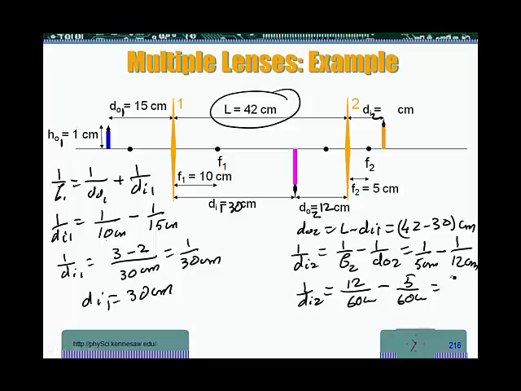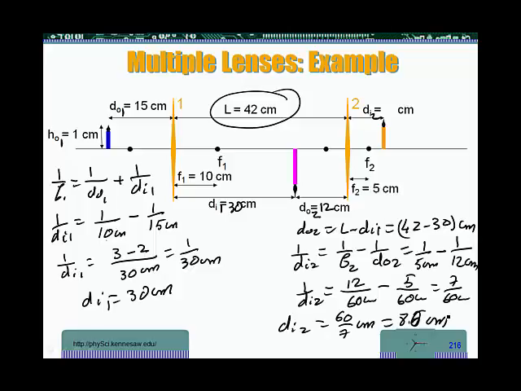So it's going to be 7 over 60 centimeters, and my DI2 is just 60 over 7 centimeters, which should be equal to 8.6 centimeters. Okay, that's my final DI.